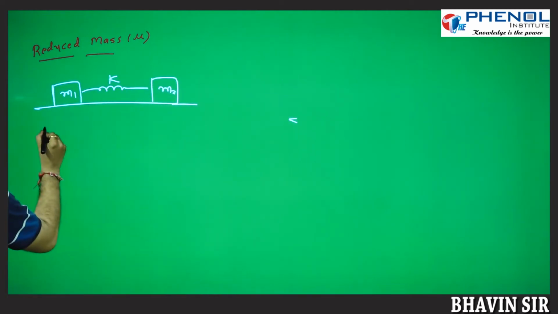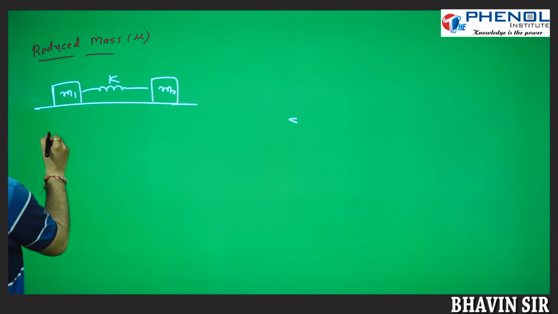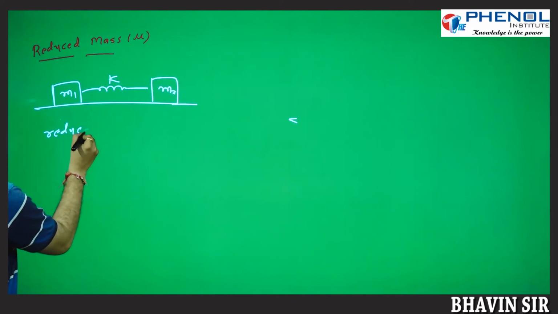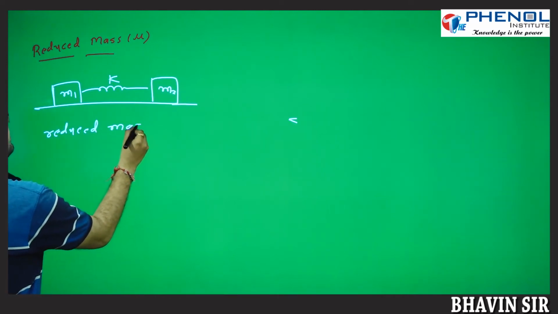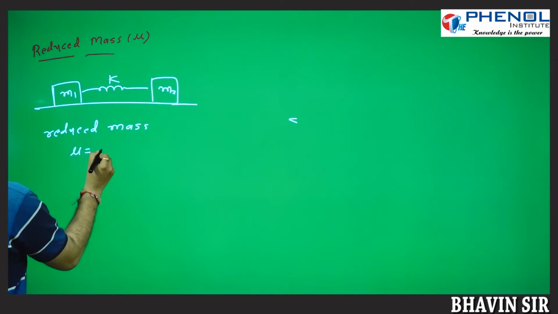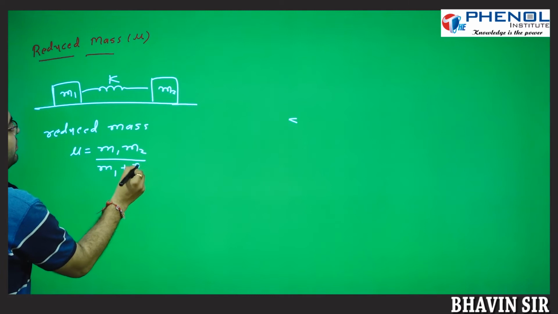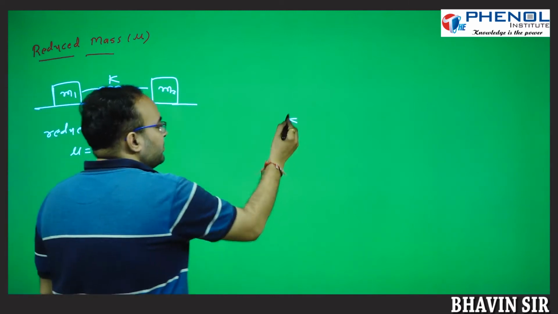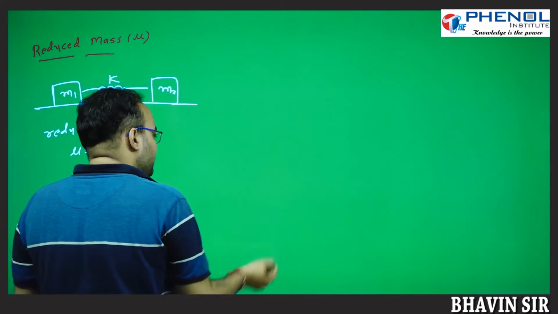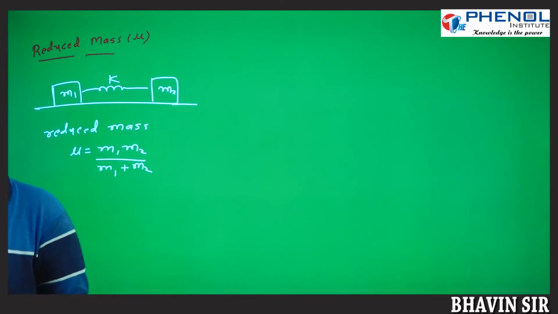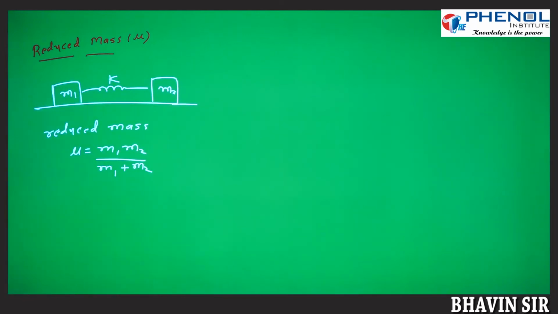And what is the formula for reduced mass? Reduced mass mu is equal to m1 m2 upon m1 plus m2.